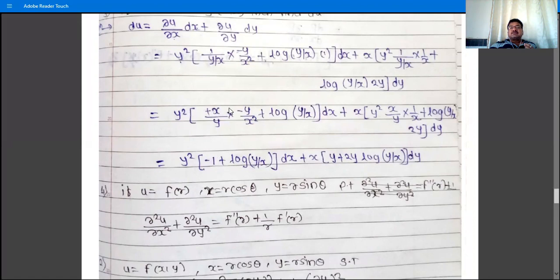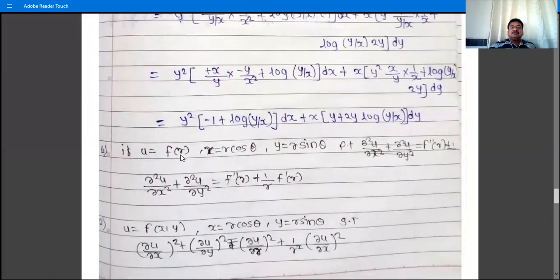Here x square by x square get cancelled. y by y, minus y by y is minus 1. Okay, plus log y by x dx plus x. The calculation of this quantity is again, so x and x get cancelled. y square by y is y plus 2y log y by x. So this is the final answer.